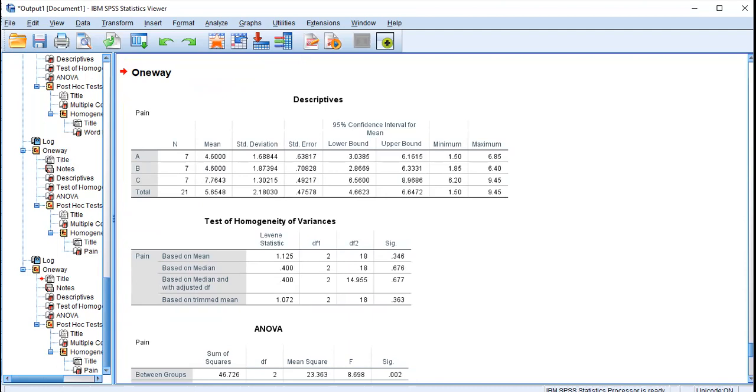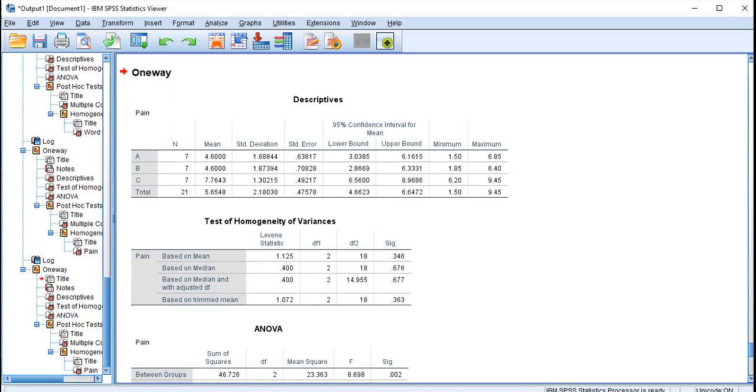The null hypothesis: there is no significant difference in the pain level of the patients and the drug (A, B, or C) given to them. This means that H0: mu drug A is equal to mu drug B is equal to mu drug C.